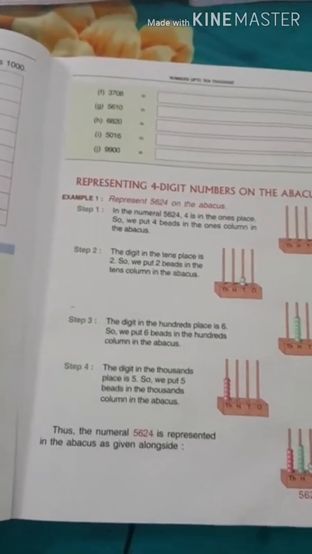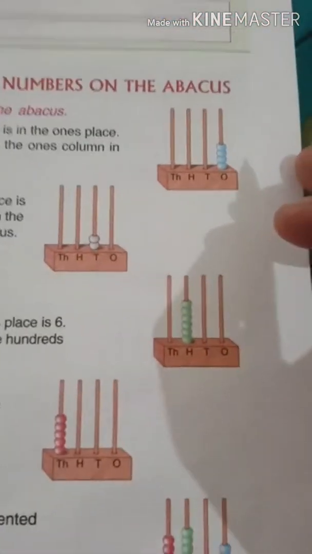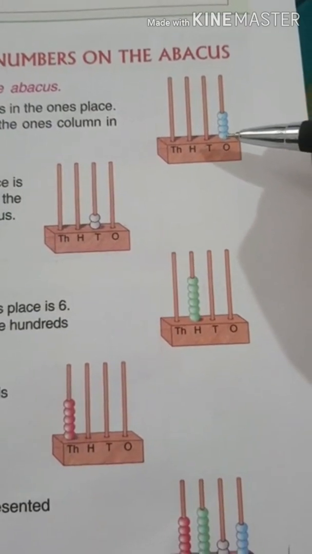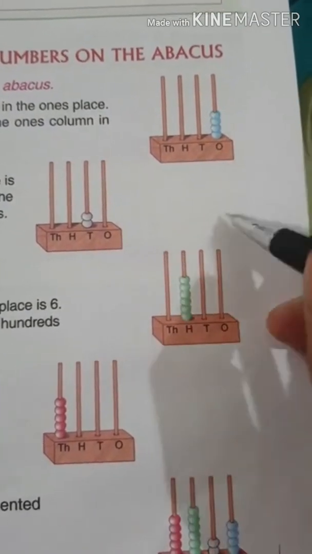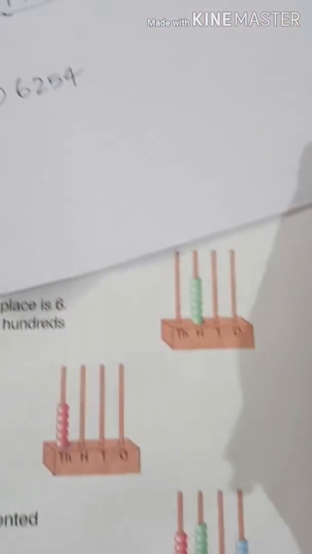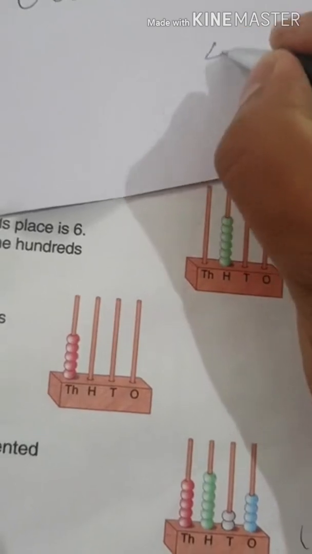Okay, which number is there? Can anyone say? In the first picture they have given 4 beads in the ones column.